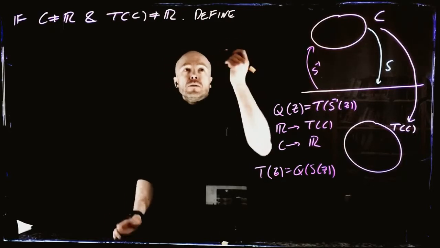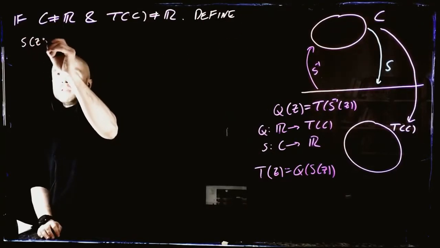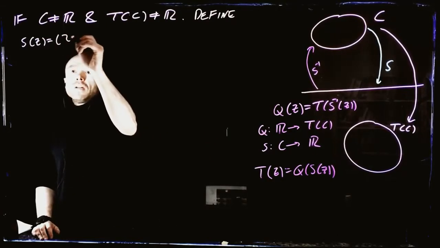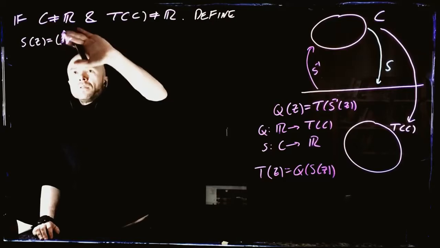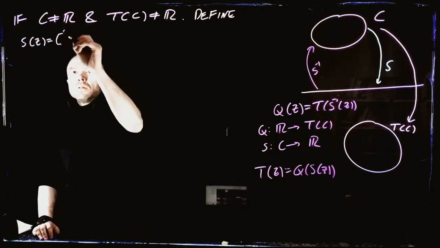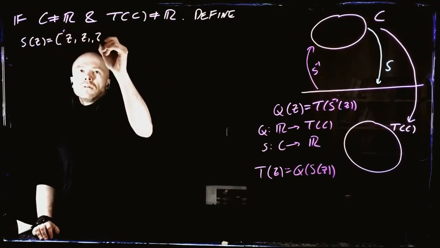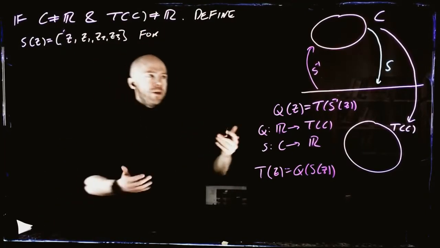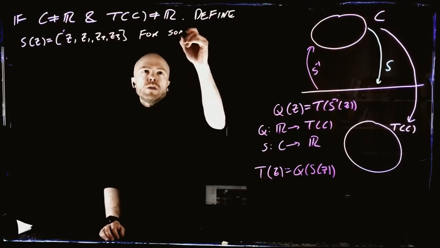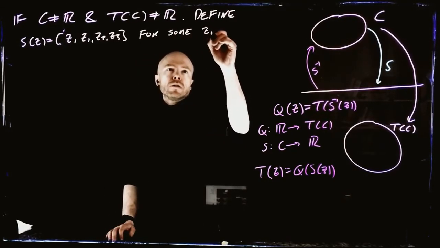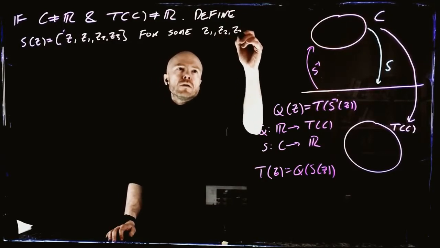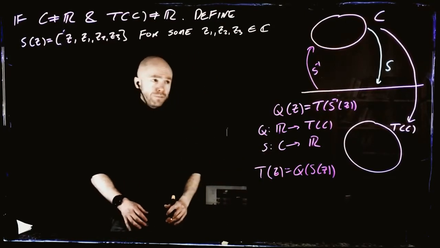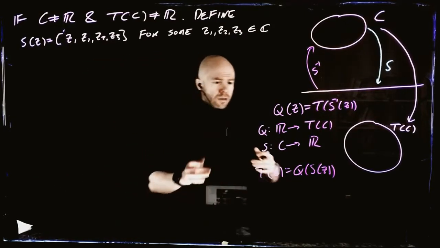We're going to define S using the Mobius transform we create out of this cross product, for some choice of Z1, Z2, Z3, which we pick on C. Okay, then what are we going to do?